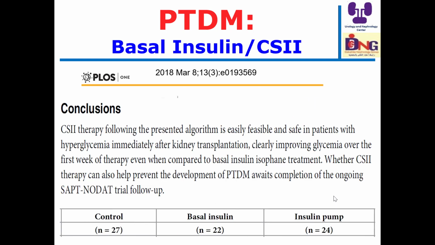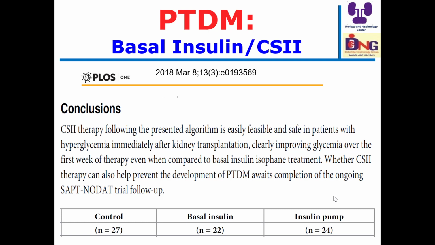This is another study: continuous subcutaneous insulin injection therapy following the presented algorithm is easily feasible and safe in patients with hyperglycemia immediately after kidney transplantation, clearly improving glycemia over the first week of therapy, even when compared to basal insulin isophane treatment.